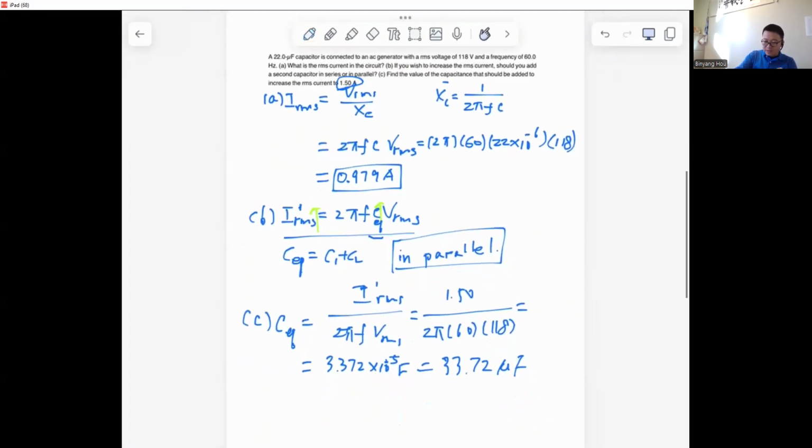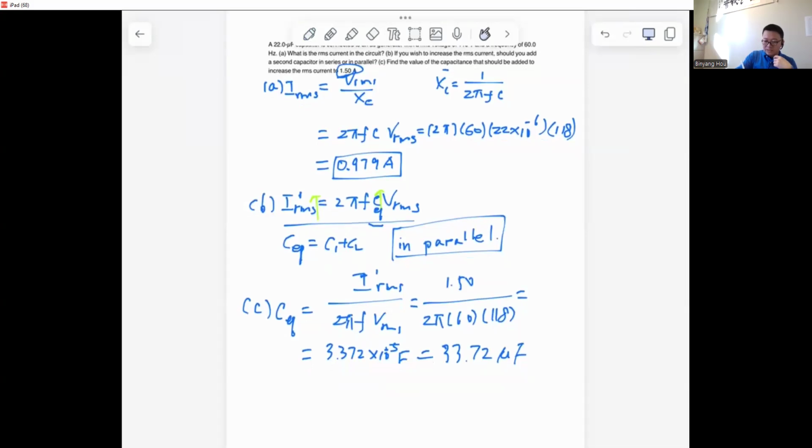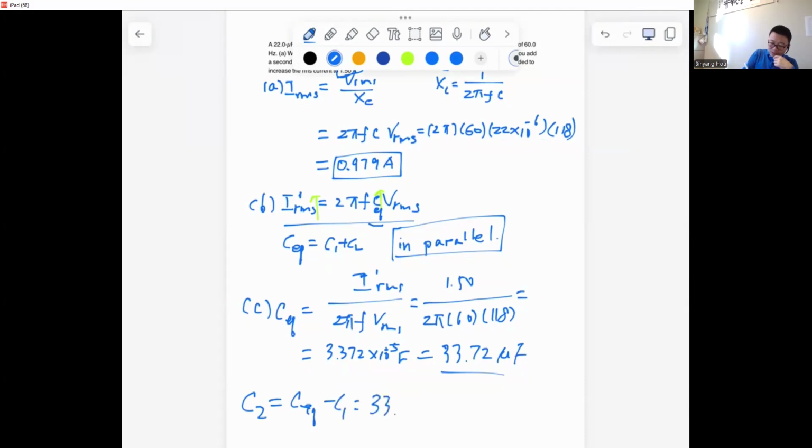So the original C1 plus C2 is equal to this. That means the second capacitor you need will be this CEQ minus C1, right? So it will be 33.72 microfarad minus the 22.0 microfarad.